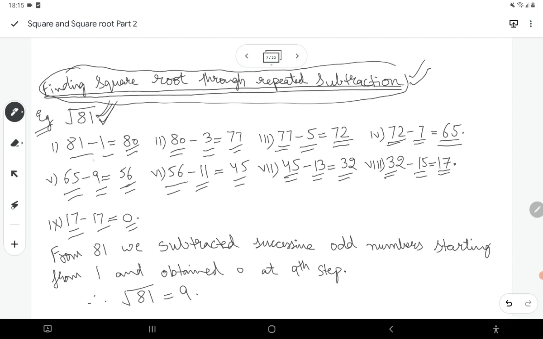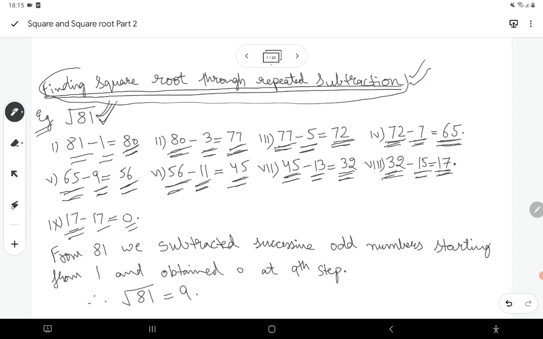For example, we have to find the square root of 81. So 81 minus 1 is equal to 80. Similarly 80 minus 3 is equal to 77. 77 minus 5 is equal to 72. 72 minus 7 is equal to 65. 65 minus 9 is equal to 56. 56 minus 11 is equal to 45. 45 minus 13 is equal to 32. 32 minus 15 is equal to 17.